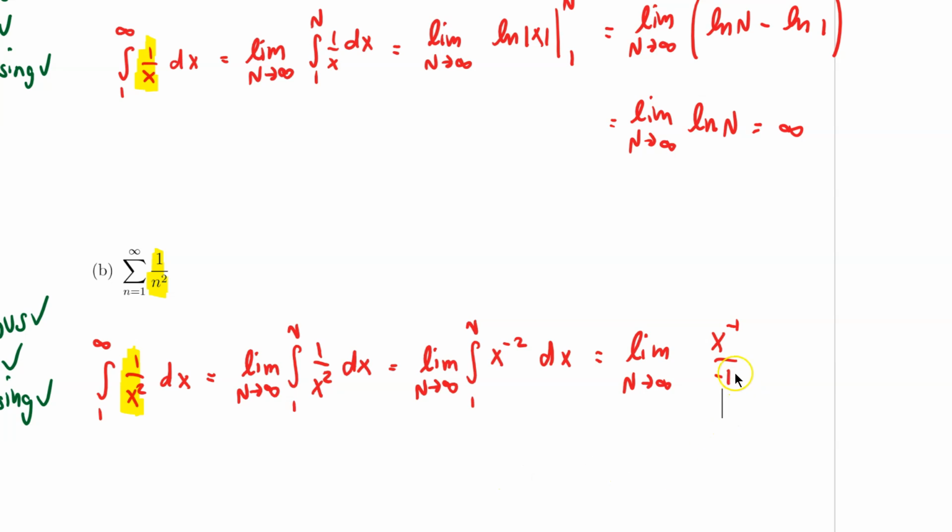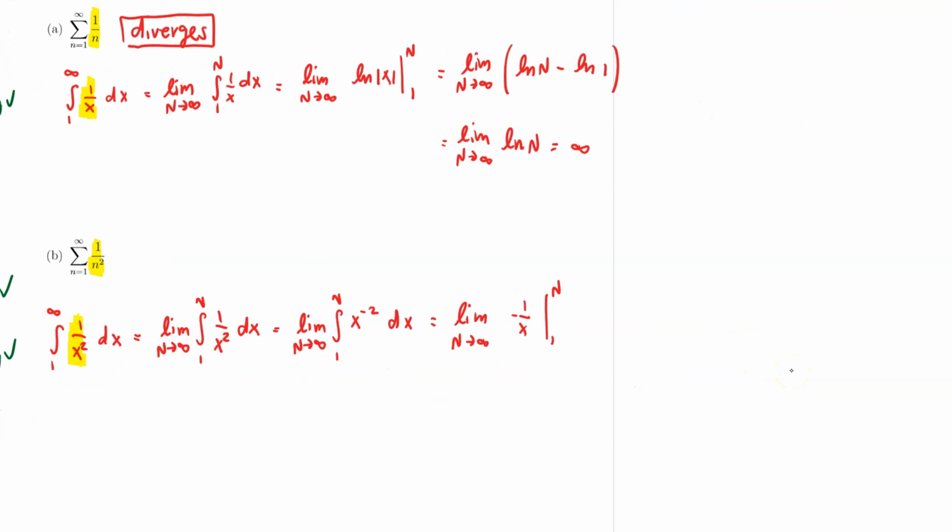Let me rewrite this as negative 1 over x, where I'm going to evaluate this at 1 and n. So now this limit becomes the limit when n goes to infinity of negative 1 over n minus negative 1 over 1.